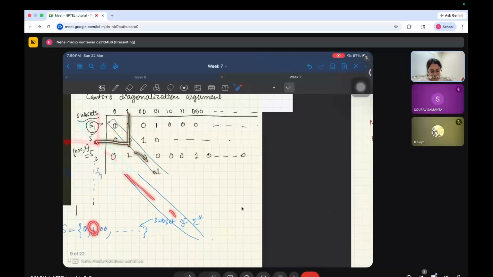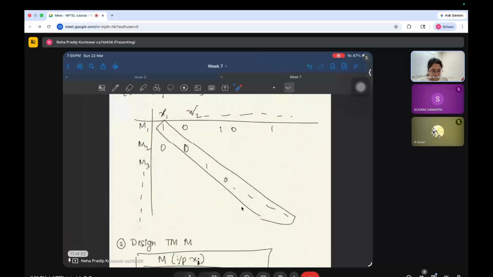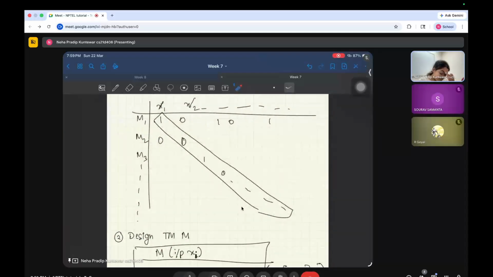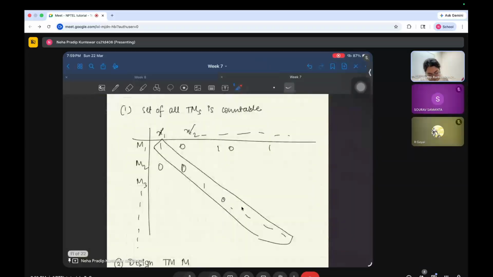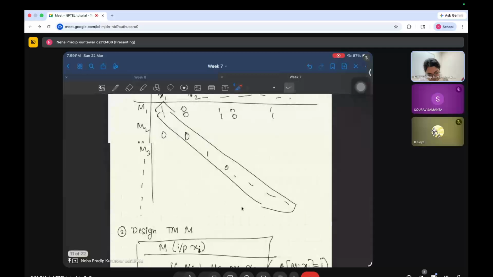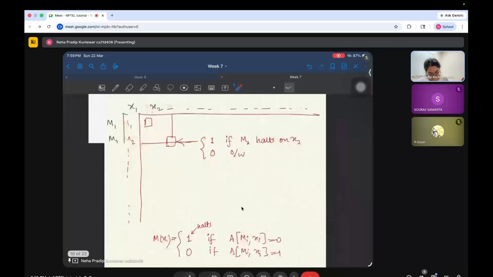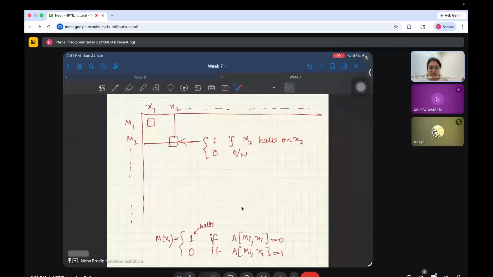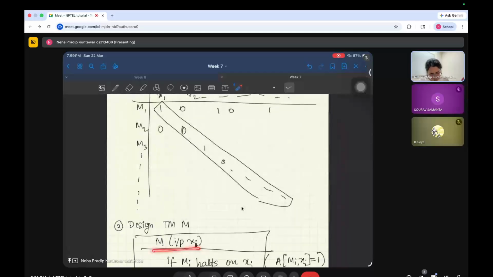Similarly, what we are doing is coming up with a machine whose behavior is as follows.